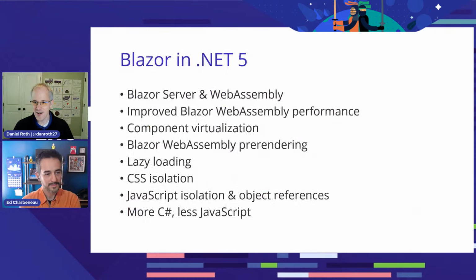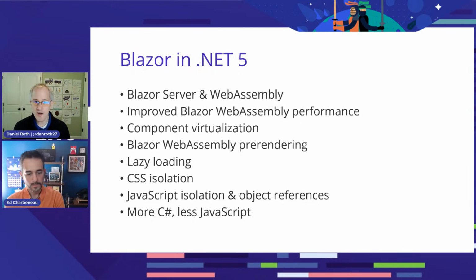Now, .NET 5 shipped last November, and .NET 5 added a whole bunch of new functionality for ASP.NET Core and Blazor developers. It, of course, included support for both Blazor Server and Blazor WebAssembly. We did a lot of work to improve Blazor WebAssembly performance. In .NET 5, component rendering and JSON serialization, I think, was like 2 to 3 times faster than previous releases.